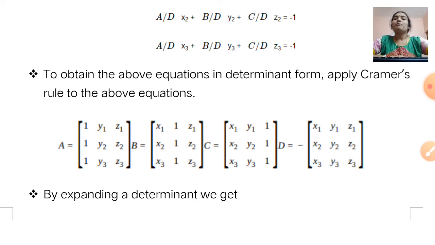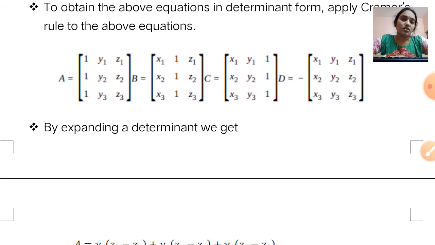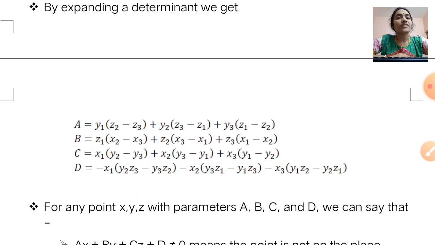By expanding the determinants, we get A equals y1 into z2 minus z3 plus y2 into z3 minus z1 plus y3 into z1 minus z2.